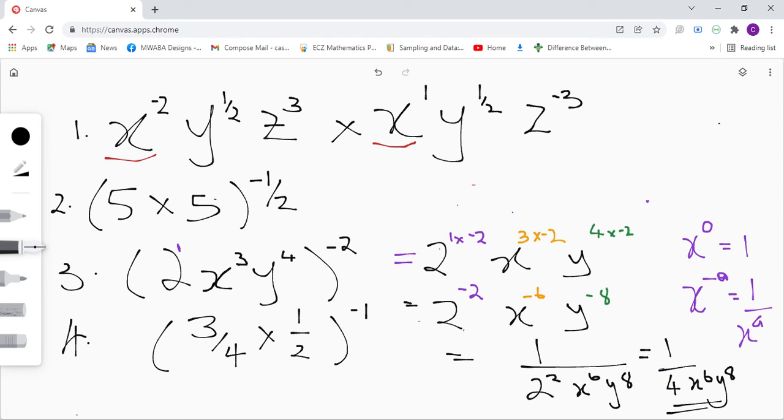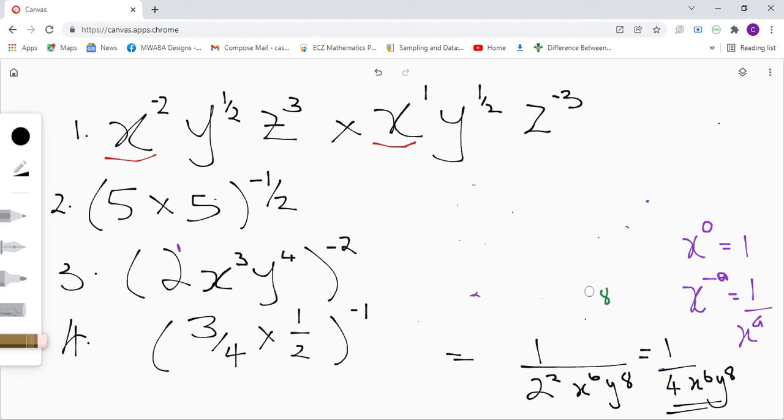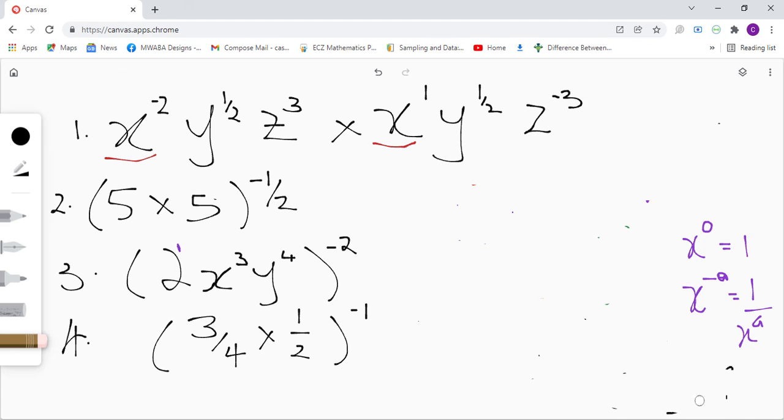Alright, now we'll go to our final question. Right, 3 over 4 times half to the power negative 1.